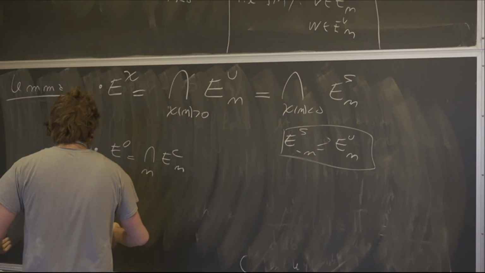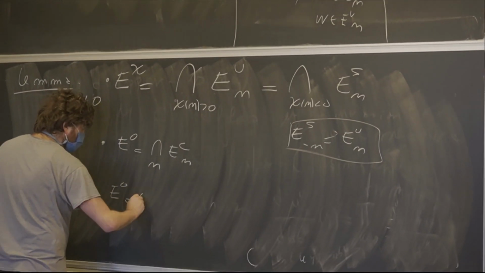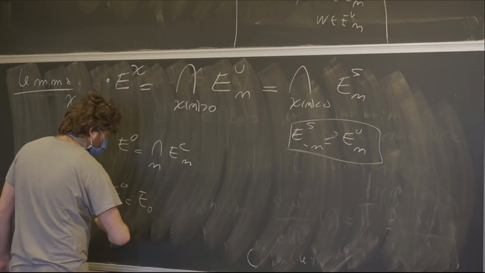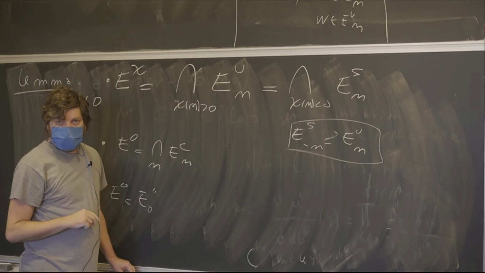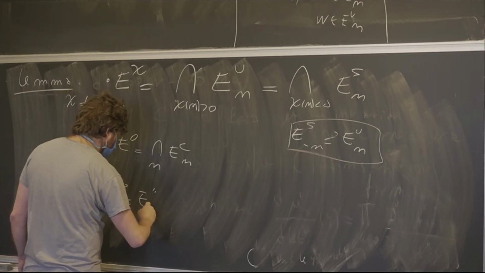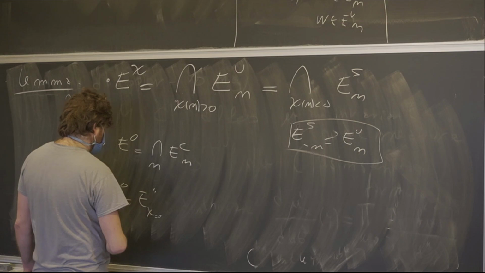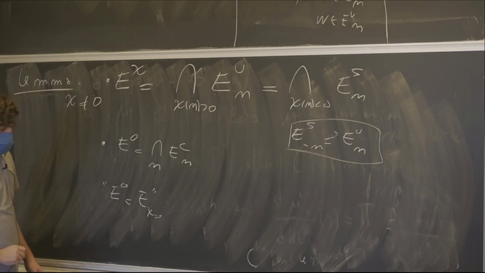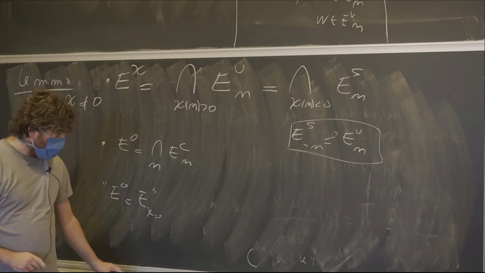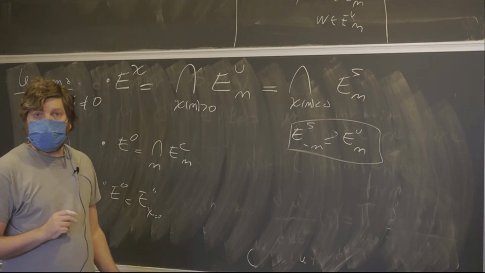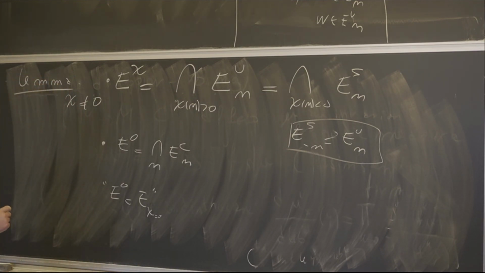So by definition, E naught is equal to E naught, even though in the numbering there. So if you want, let me write it that way, and they have whatever multiplicity they need to have.